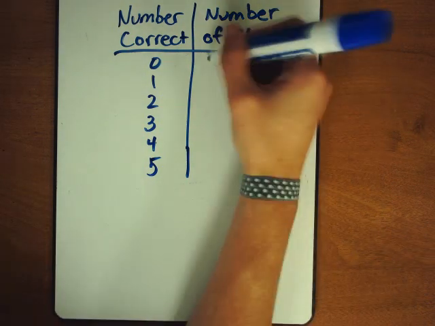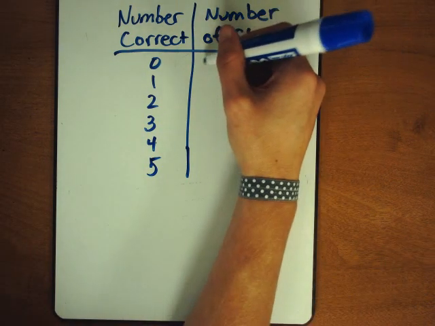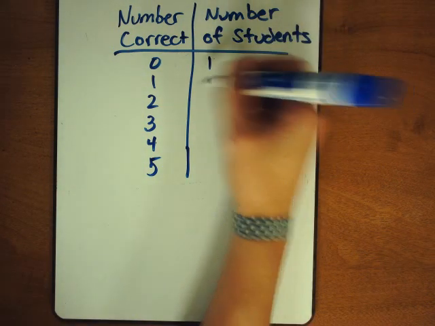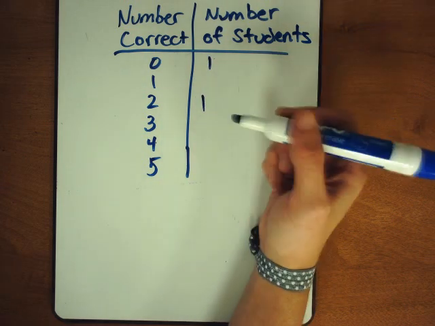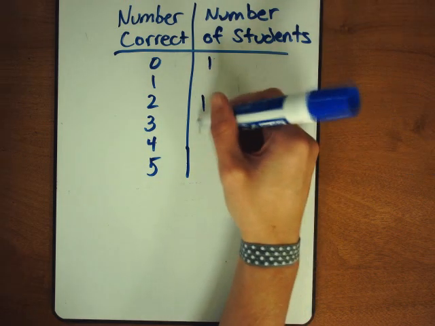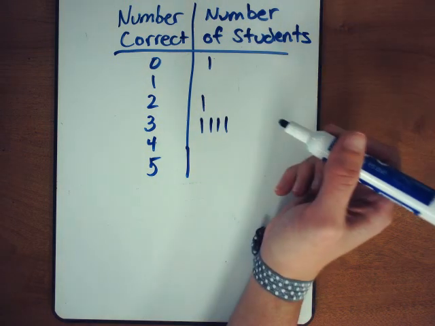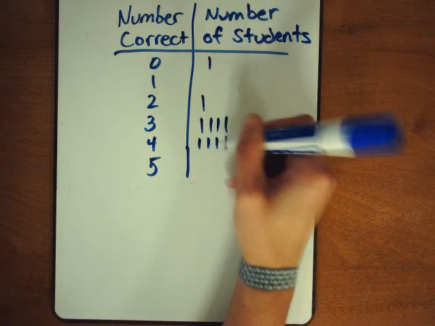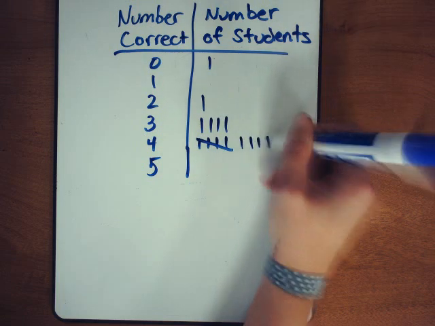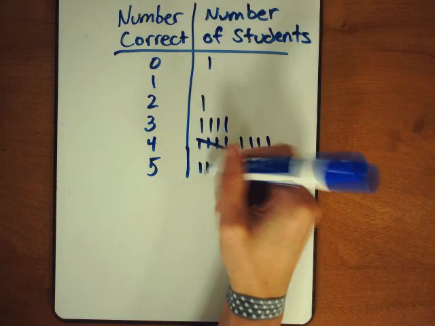And when I look back at my chart, I had 1, had 0. We didn't have anybody that only got 1 right. 1 friend got 2 right. 4 friends got 3. 9 got 4. And 5 got 5.